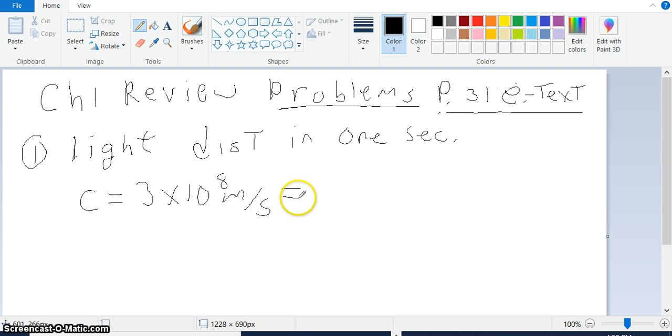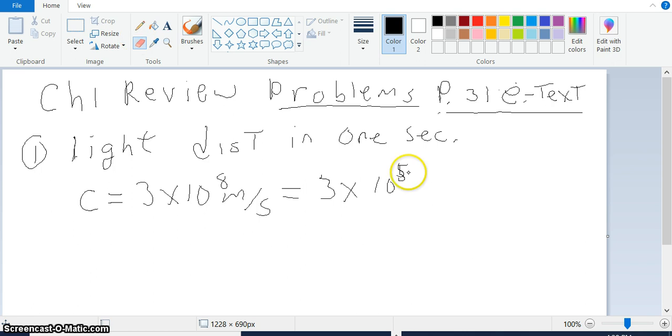All right, so I'm going to put this in other units as well. So instead of meters per second, we're going to do it in kilometers per second. So it's 3 times 10 to the 5th. That's supposed to be a 5. Sorry, that doesn't really look like a 5, does it?